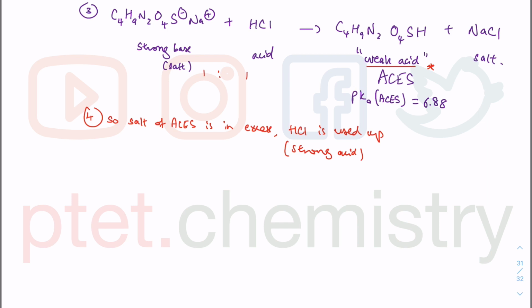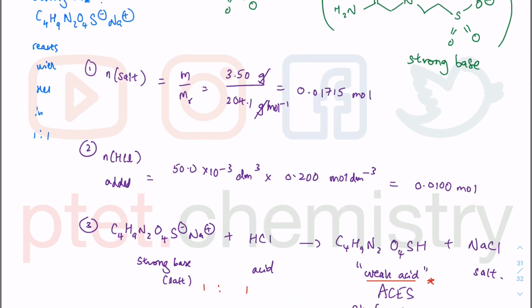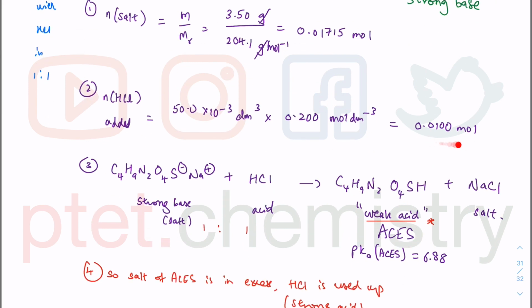Alright, so therefore the mole of the salt in excess, how much of the salt is present in excess? Well, how much did you add in altogether? You add in this much. If you have this much HCl, they react in 1-to-1, so 0.01 mole will react. Only 0.0100 mole of the salt reacted.